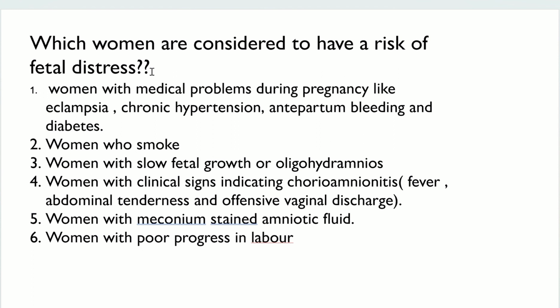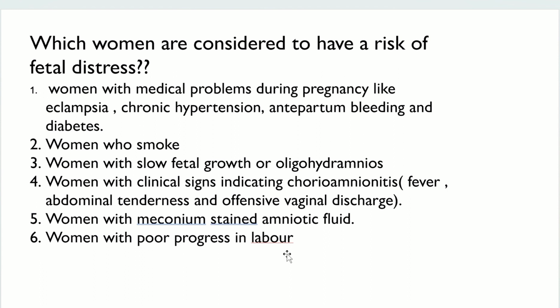So some of the conditions are women with medical problems during pregnancy like eclampsia, chronic hypertension, antepartum bleeding, and diabetes. Next one is women who smoke. Women with slow fetal growth or oligohydramnios, women with clinical signs indicating chorioamnionitis, like fever, abdominal tenderness, offensive vaginal discharge, women with meconium stained amniotic fluid, and women with poor progress in labor.